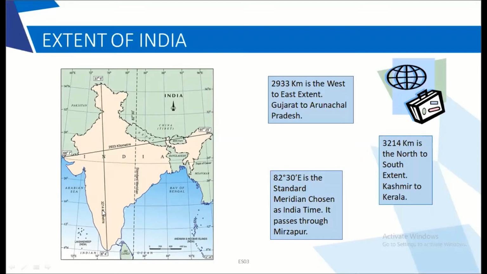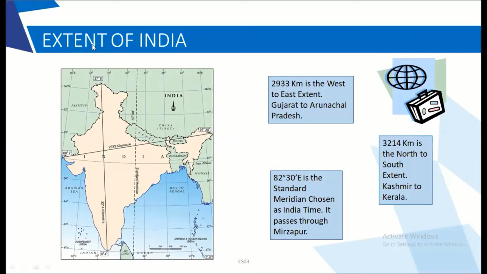Well, it seems as if India is taller, or has more length compared to its width. However, when we actually measure it, there is hardly any difference between its length and width. From Gujarat to the easternmost state Arunachal Pradesh, it is just 2,933 kilometers.